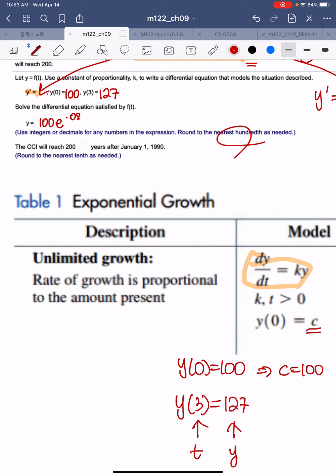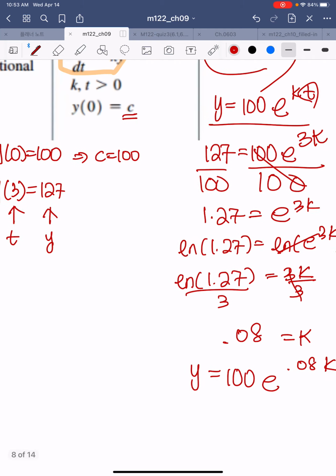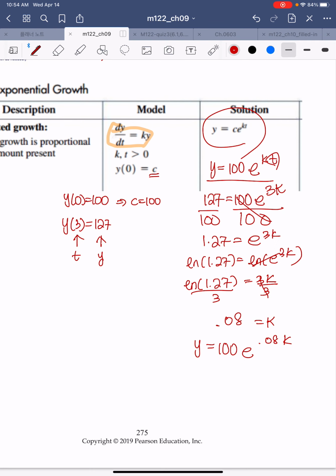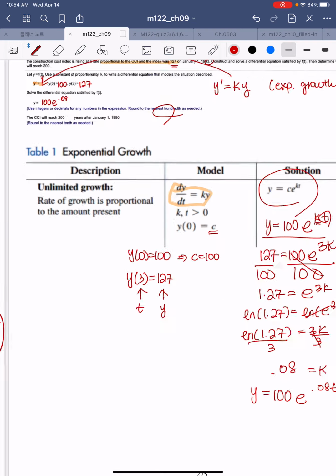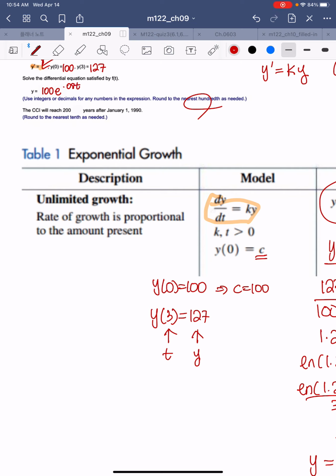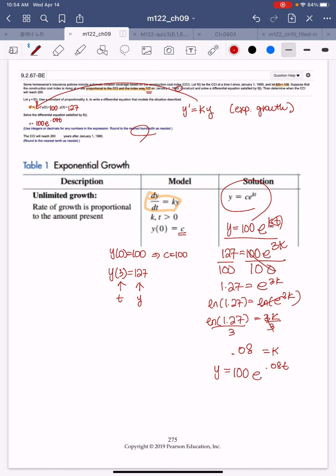Oh, they want you to use t, so I'll just use t, because k is 0.08. Okay? My final answer is the CCI will reach 200 in how many years? So how many years? I'm solving for t.